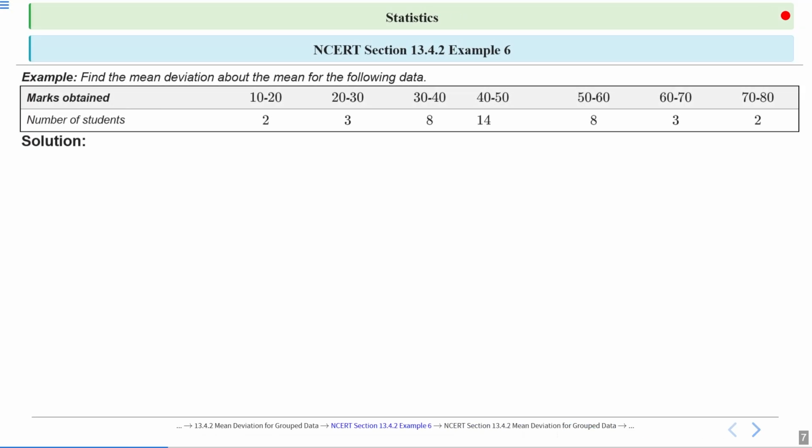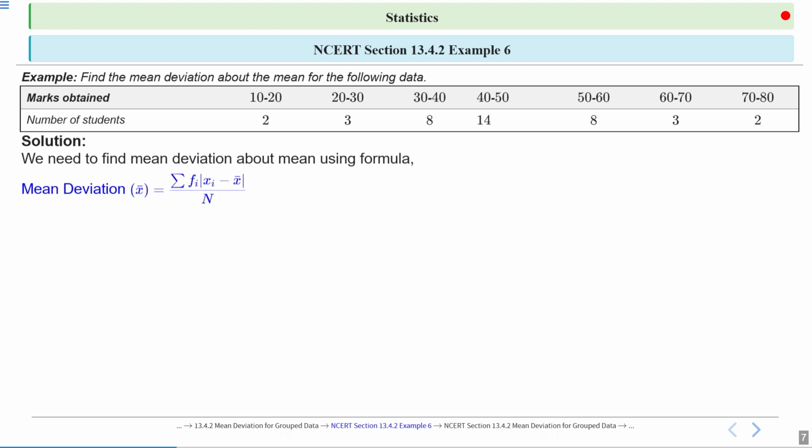So let's solve this example step by step. We need to find the mean deviation about the mean using the formula: mean deviation equals summation fi multiplied with the absolute value of xi minus x bar, divided by n, where n is the total number of students.